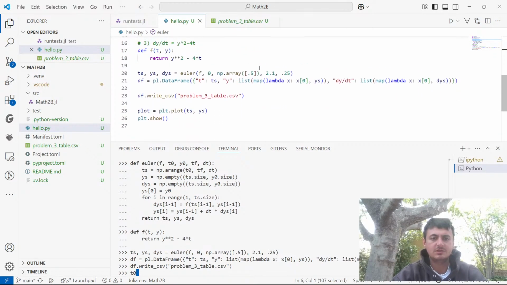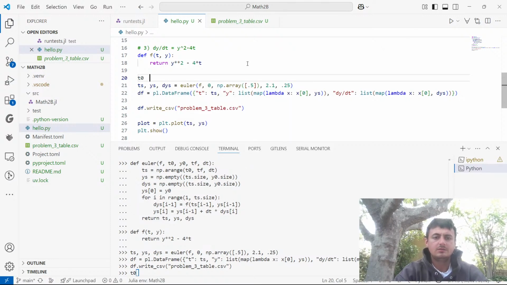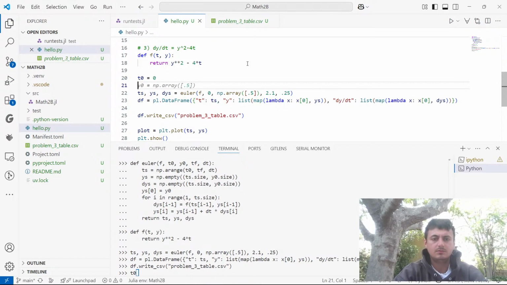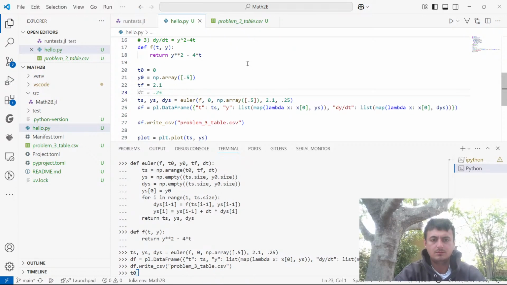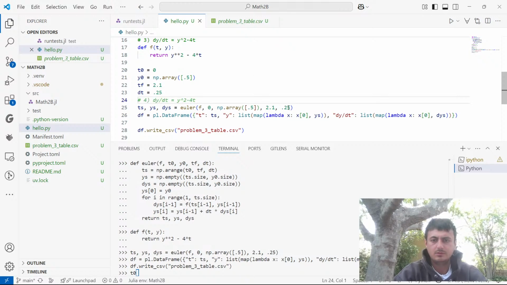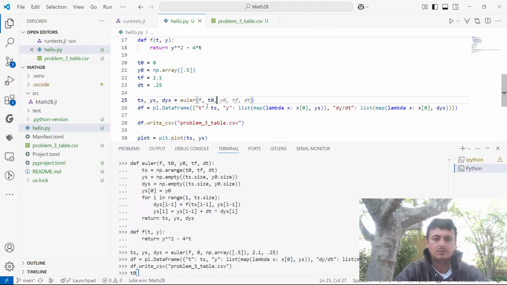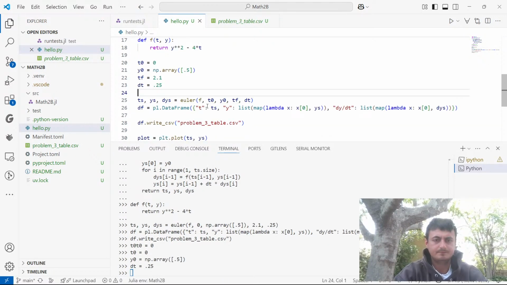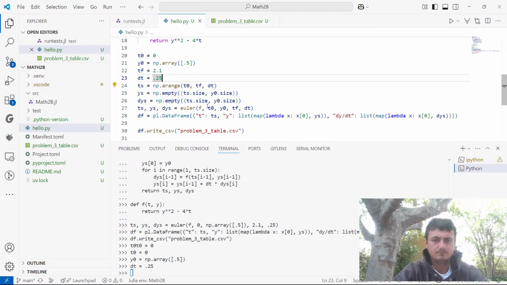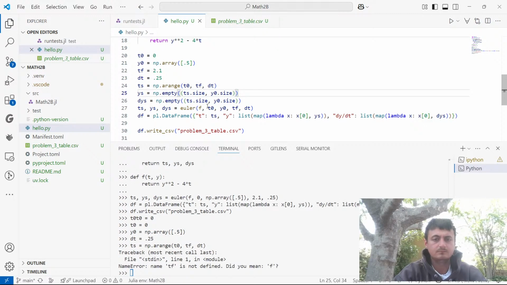Okay, let's do this too. Right. And we can rewrite this to be t0. What?